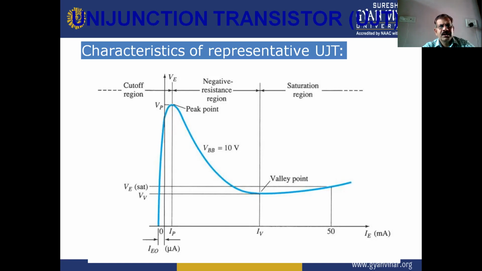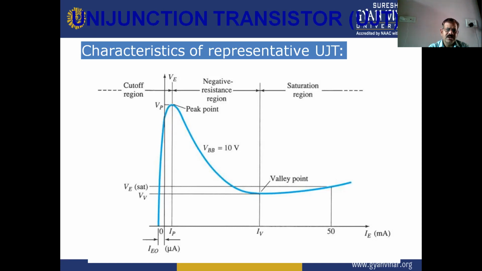Next, the characteristics of the UJT, or the VI characteristics of the UJT. This characteristic shows the relation between emitter voltage versus emitter current of the UJT. In this graph of the VI characteristic of the UJT, there are three regions.